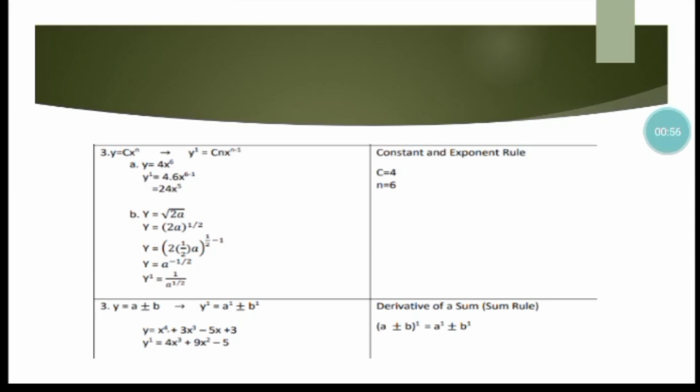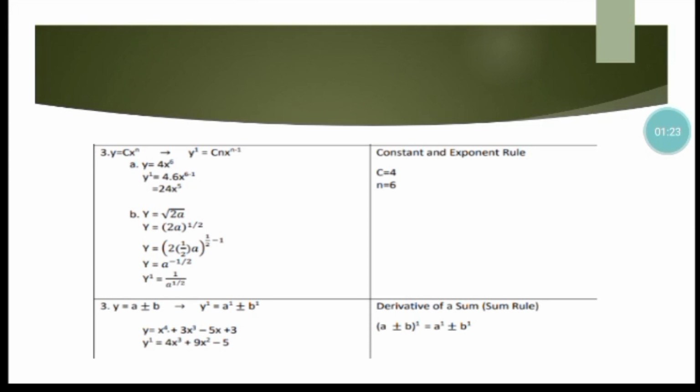Next, we have the derivative of a sum, or the sum rule. For example, x to the fourth power plus 3x cubed minus 5x plus 3. The derivative of a plus or minus b is the derivative of a plus or minus the derivative of b, so you differentiate each term.